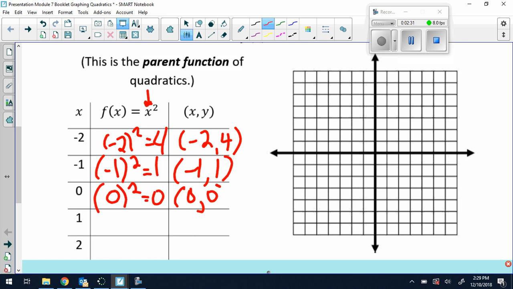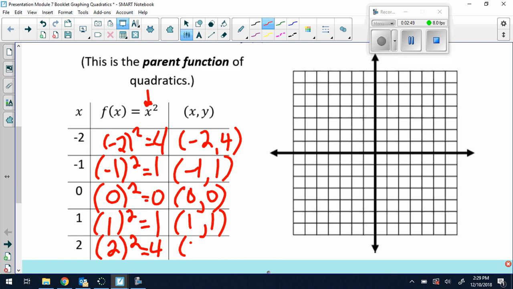So that's 0, 0. I'm plugging in the 1, so I'm taking out the x, I'm plugging in 1. 1 squared is 1, giving me the point 1, 1. And then I'm taking out the x, plugging in 2. 2 times 2 is 4. So that's giving me the point 2, 4.